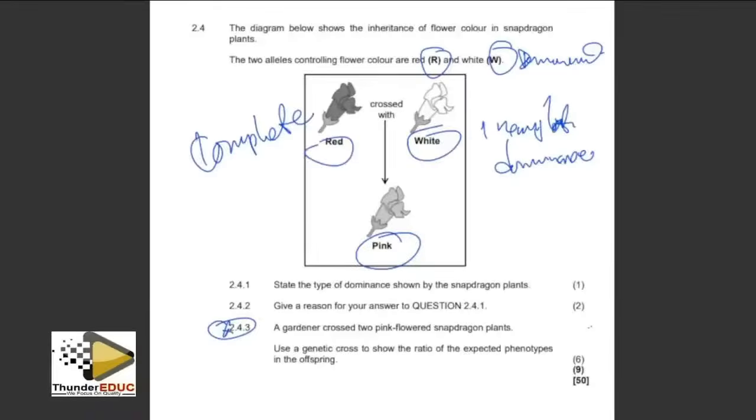But in this case, they crossed two pink, and pink is found on the second generation. Therefore, it won't be P1, F1. It will be P2, F2. In most cases, students lose that mark. If it is the second generation, then you say P2, F2. If the first generation, then you say P1, F1. Yes.